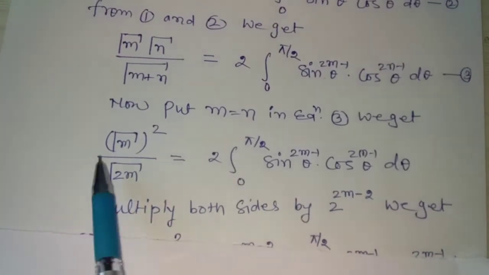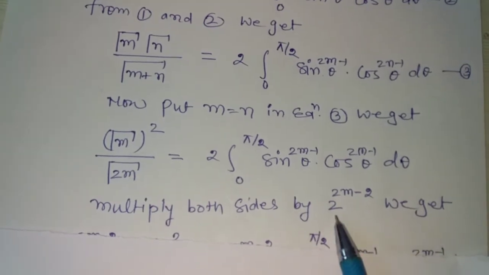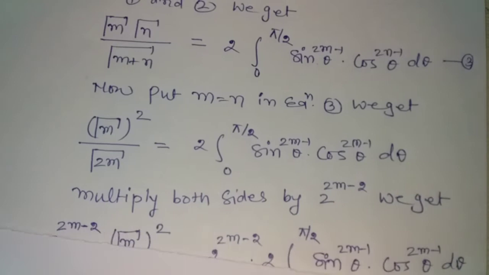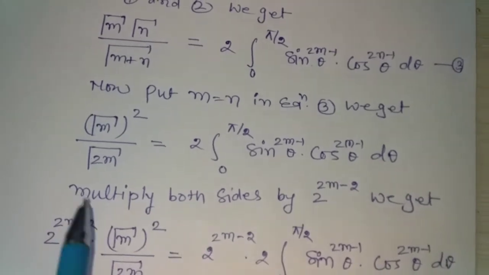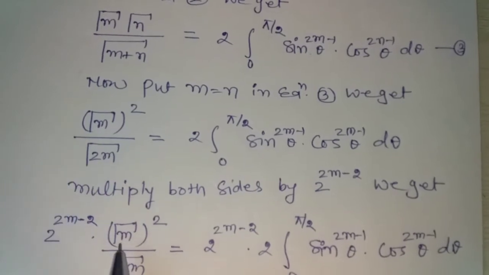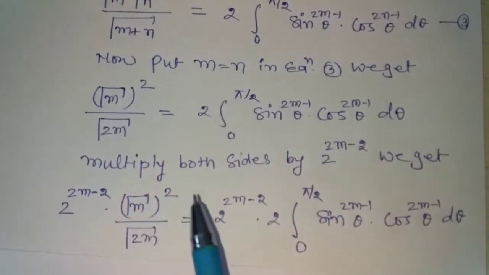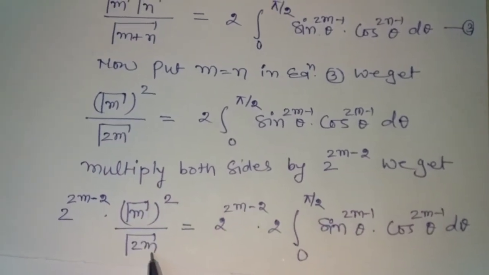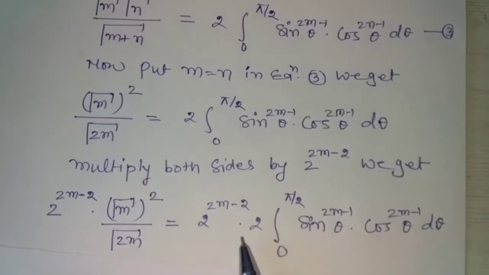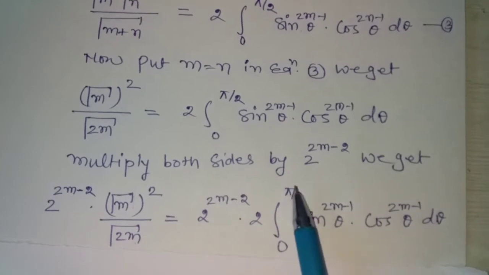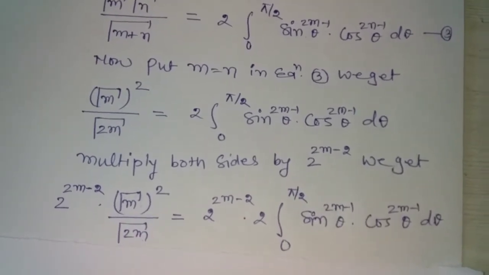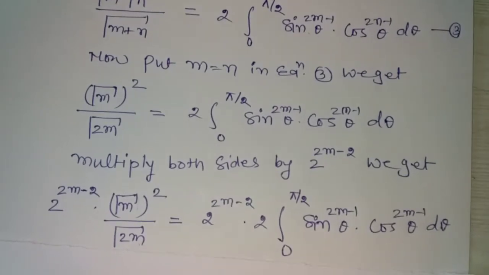We get 2 raised to 2m minus 2 multiplied by gamma m whole square upon gamma 2m equal to 2 raised to 2m minus 2 into 2 times the integral from 0 to pi by 2 of sine raised to 2m minus 1 theta into cos raised to 2m minus 1 theta.